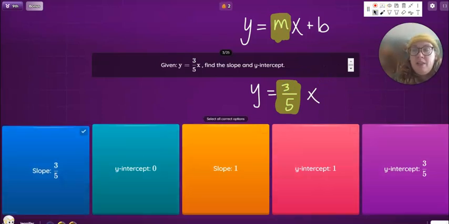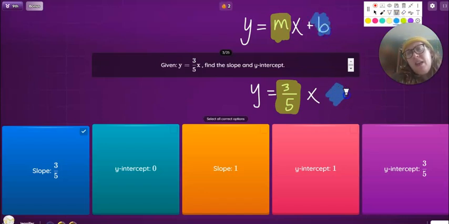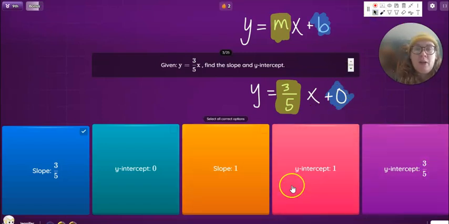And our y-intercept is going to be what's added or subtracted at the end, because it is our b. Notice there's nothing here for b. What that means is essentially we have plus 0. We don't usually write plus 0. So if you don't see a y-intercept, it means your y-intercept is 0.